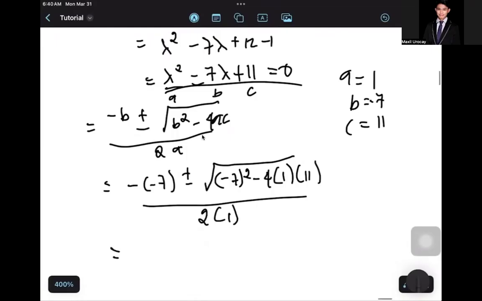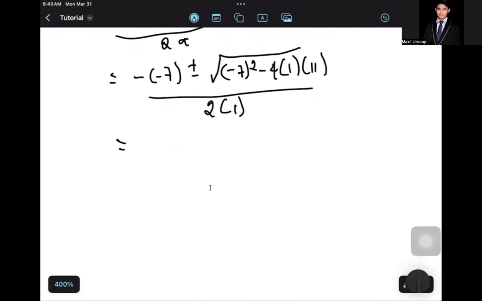So basically, you can now simplify each term. Negative 7 times negative 7 itself will become positive 49, minus 4 times 1 times 11.